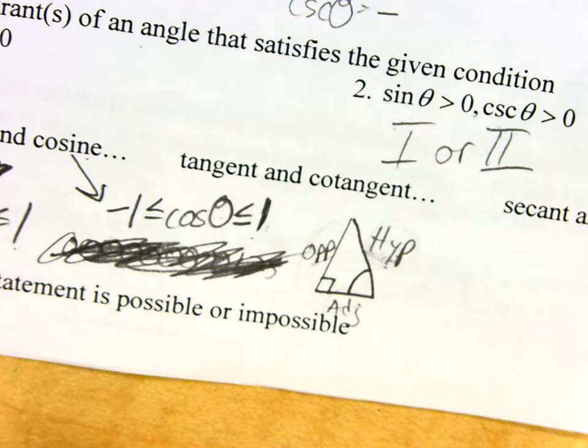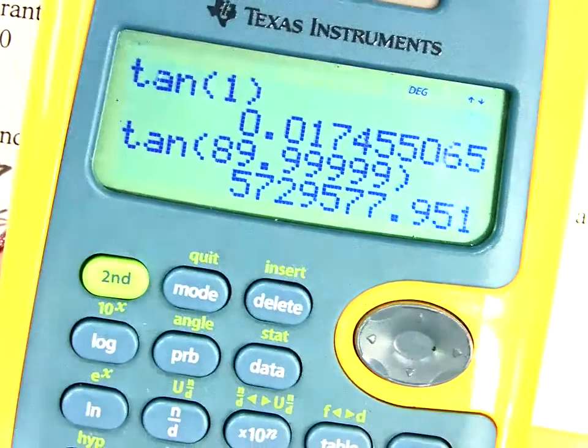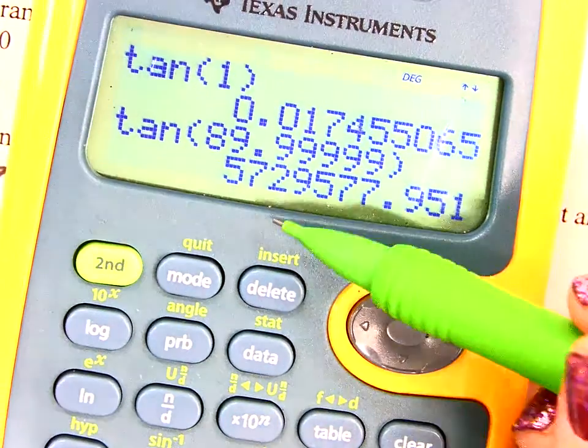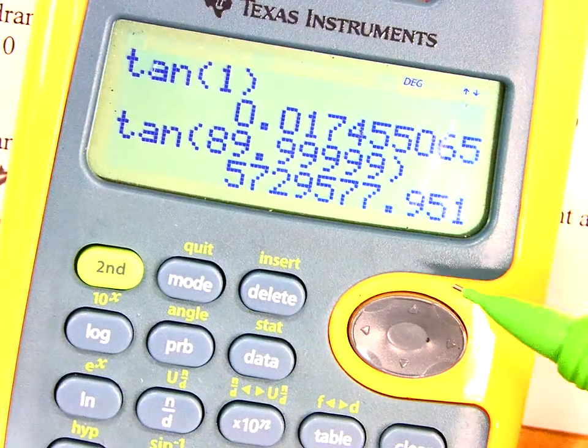Try a bunch of different ones. Wow. Look at this one I did. I did the tangent of 89.99999. Look at this number that came out.